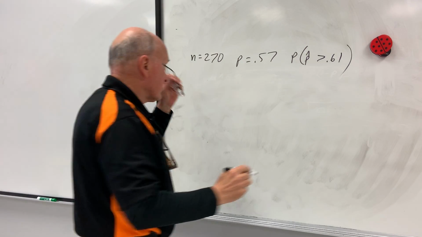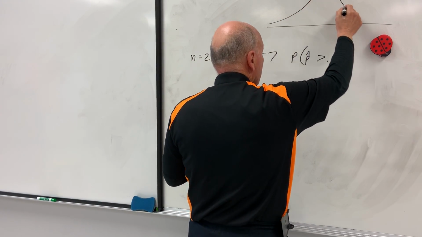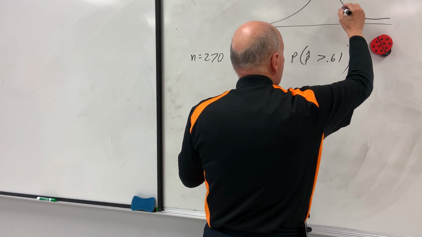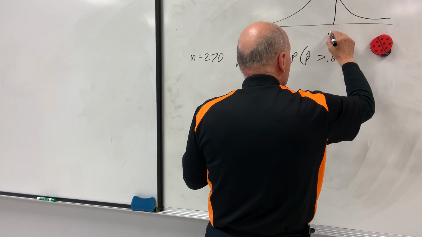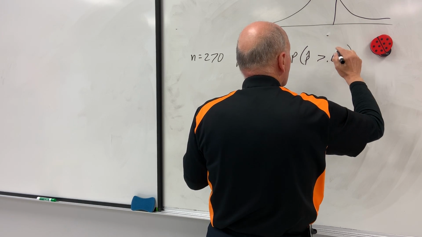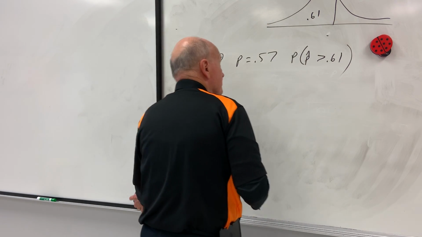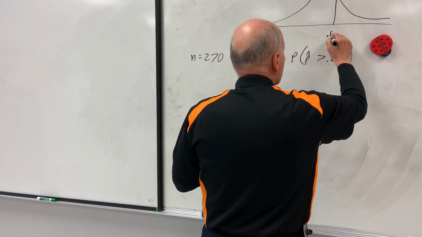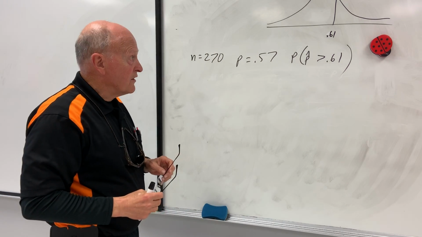Basically, if I do my standard normal curve, and they want to know the probability that p hat is greater than 0.61, I want to know what that area is right there under the curve.